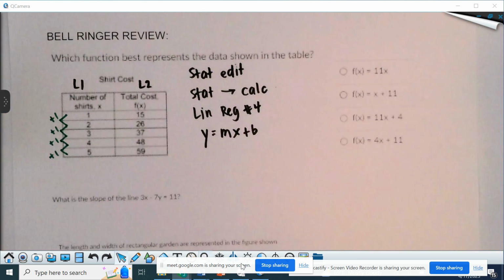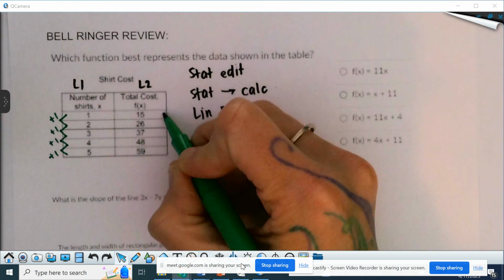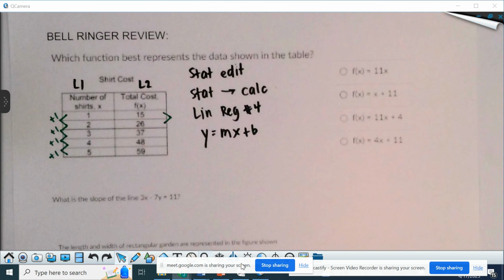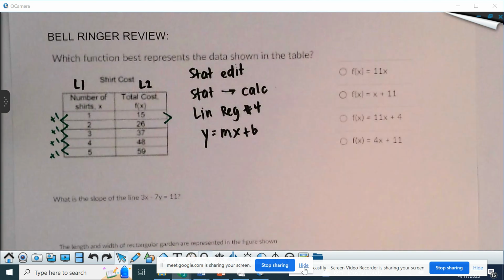How did I get from 15 to 26? If I was going from 15 to 26 linearly, because we know we're in a linear unit, an equation of the line, how did I get from 15 to 26? What operation? Yeah, we added 11. Thank you.